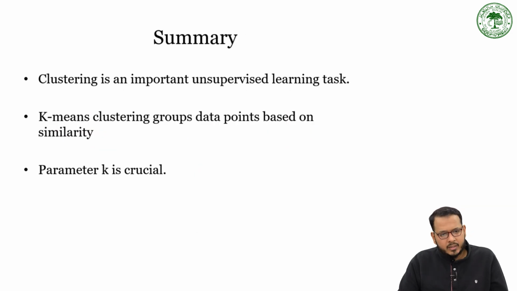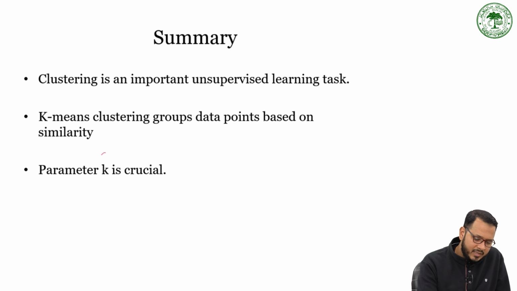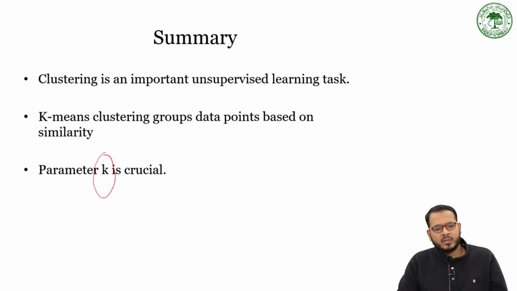So in summary, clustering is an important unsupervised learning task. K-means clustering groups the points based on the similarity among them, and the parameter K plays an important role, that is how many clusters you want to create.